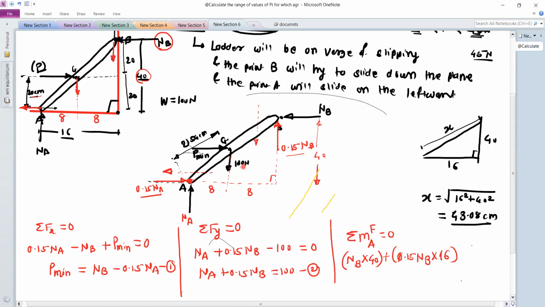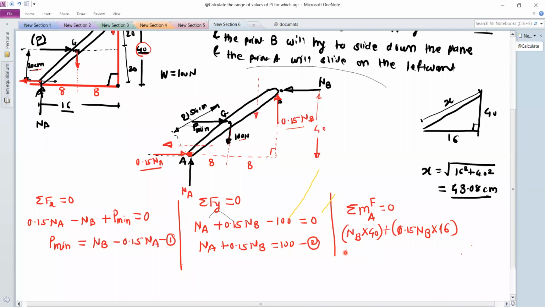After this, we have this 100 Newton. So 100 into distance 8 centimeter. And this moment by 100 is clockwise, so it is negative. Next, we have this P minimum. P minimum is acting at the point G. So this is the perpendicular distance, and it is given directly as 20 centimeter.